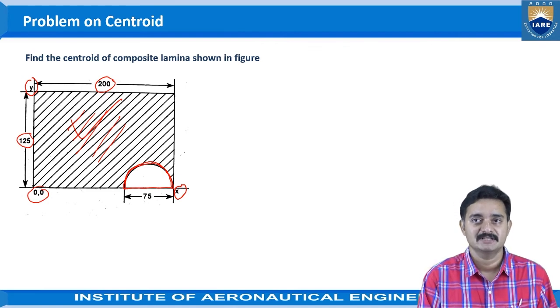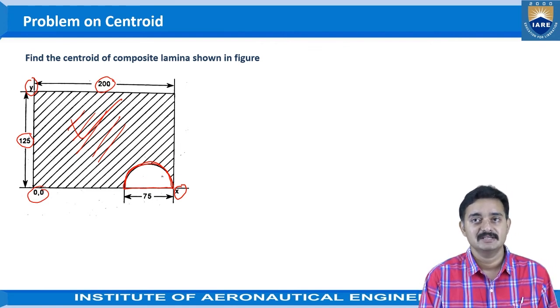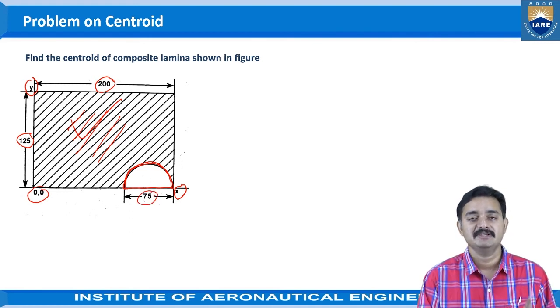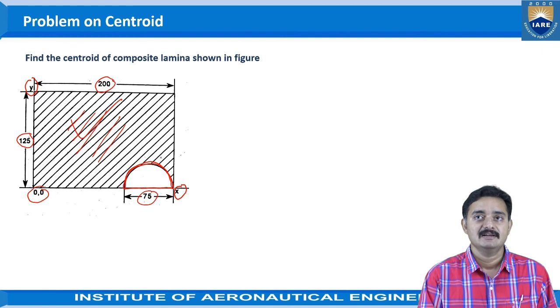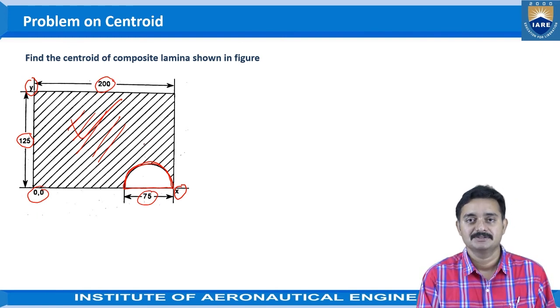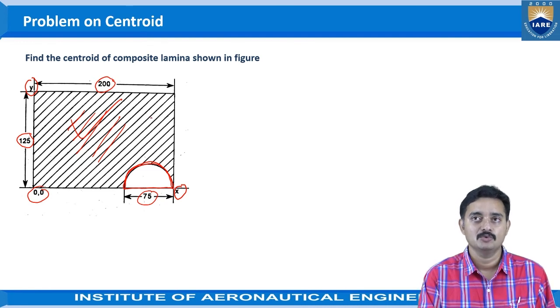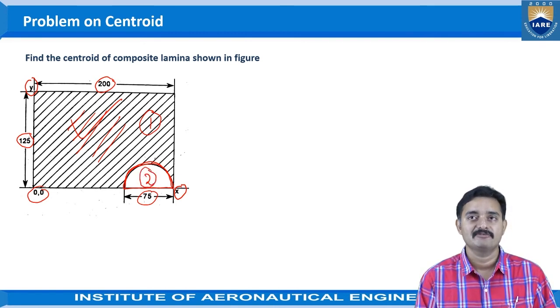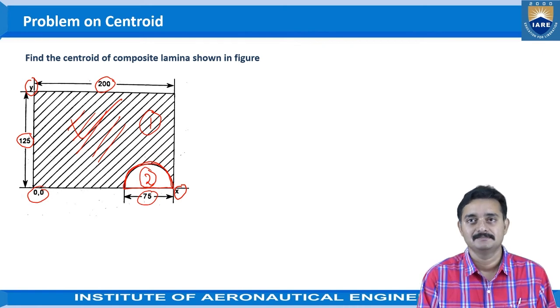The diameter of the semicircle is given as 75. So with this we can understand that this complex shape of lamina can be divided into two, where a semicircle has been removed or cut off from the regular rectangle.